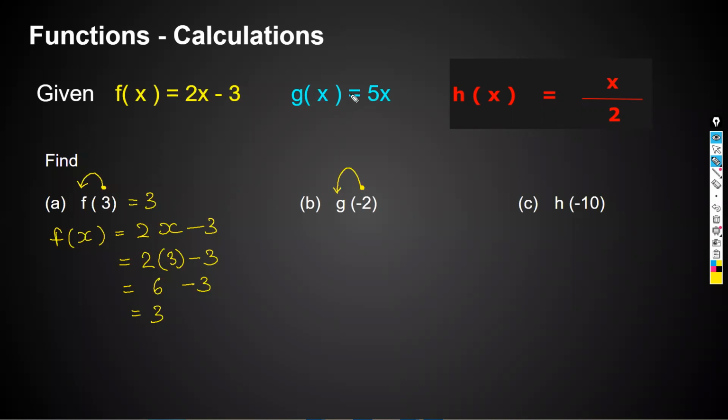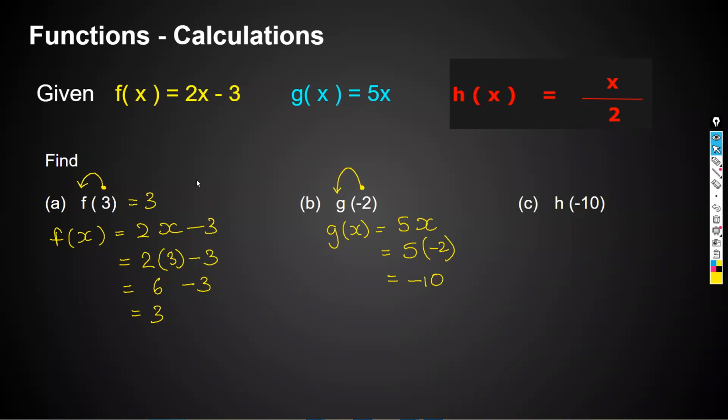This is the function g here. g(x), according to the examiner, is 5x. They want us to replace x with what? Minus 2. So we just say 5, throw away the x and replace the minus 2 in brackets. 5 multiplied by minus 2 is minus 10. As simple as that. There's basically no tricks. Well, the beginning of functions, I don't think it really has any tricks.